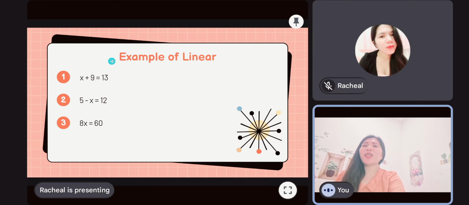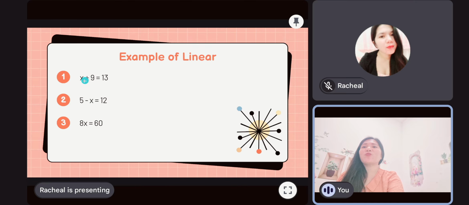Okay, so as you can see, the x here, which is what we call a variable, is only raised to the first power. When we say raised to the first power, it means there is only one exponent on top. When we can see that it's one exponent there, it's okay not to put 1 on top.